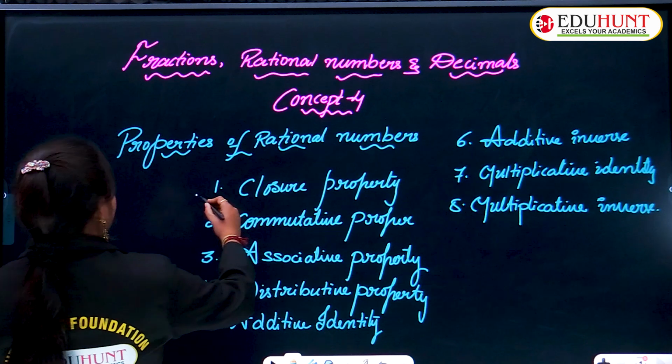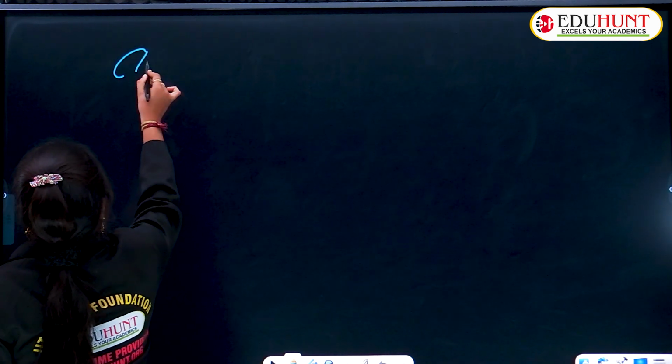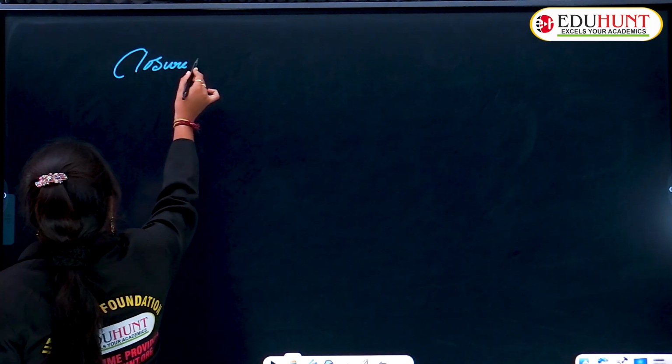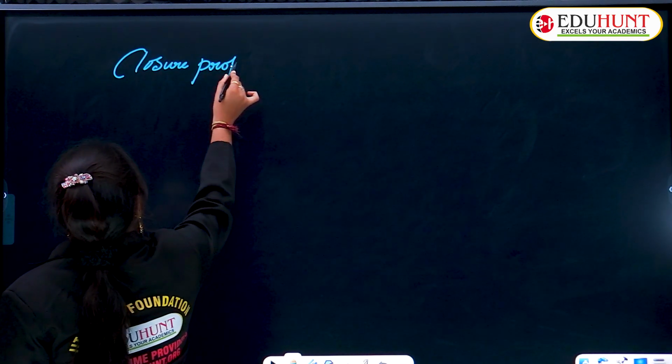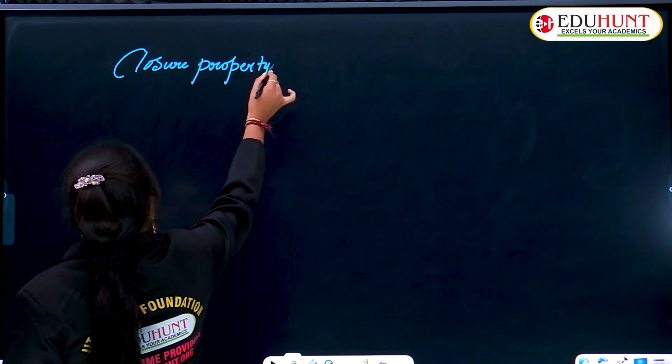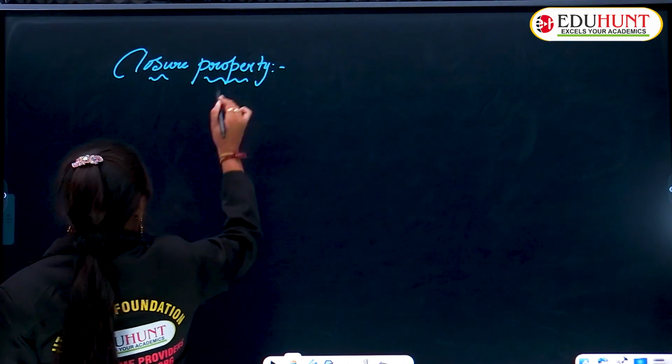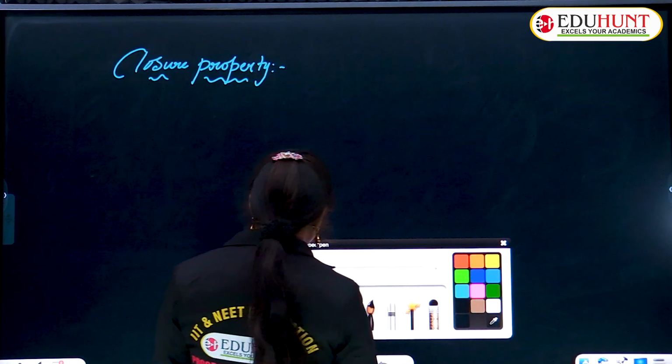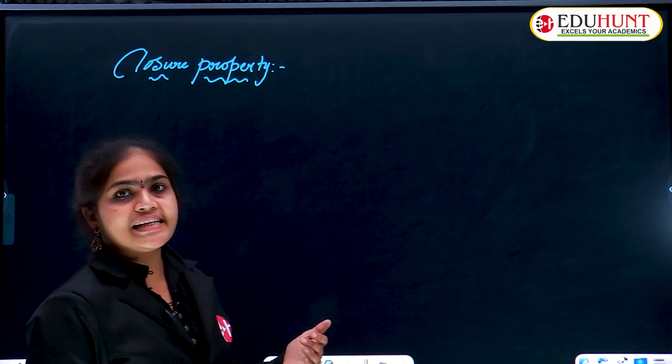Okay ma. Now what about the closure property? First one, what is that? Closure property. See here. Come to the closure property. What does the statement mean?